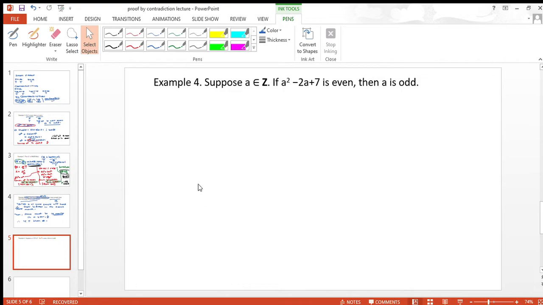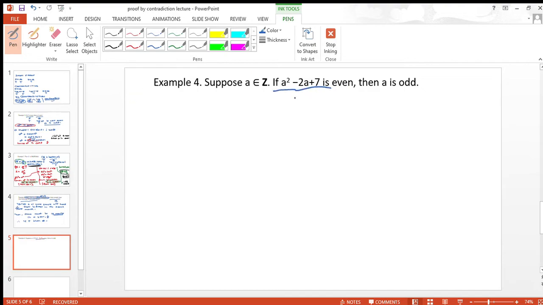Next example. Example number 4. Suppose A is an integer. If A squared minus 2A plus 7 is even, then A is odd.